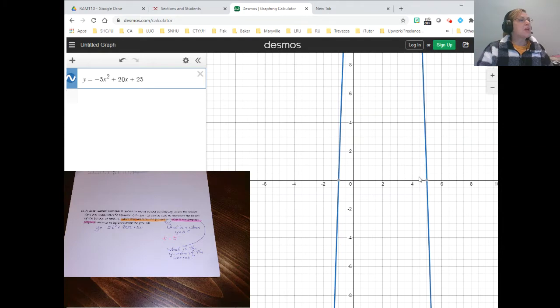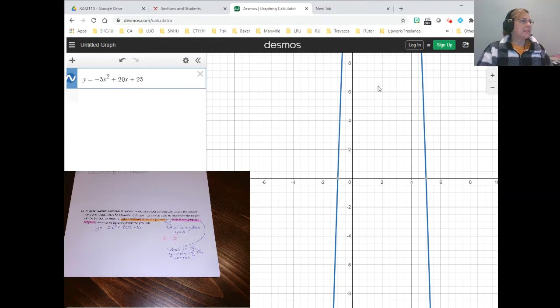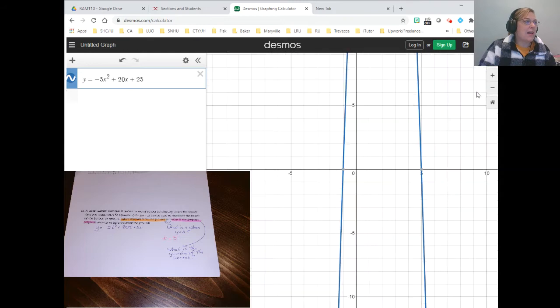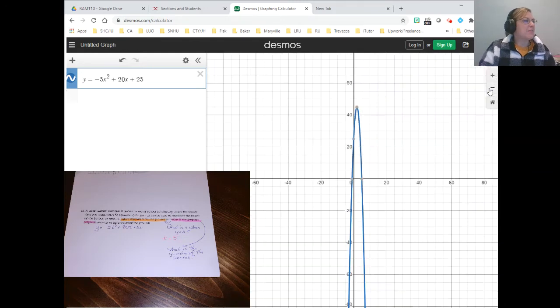Now, the next question asks us what is the y value of the vertex? Well, my vertex is up here. Now, if you have one of those scrolling mice, you know what I'm talking about, you can just use your scroll down. If you don't have that, just use your minus here to zoom out so that you can see the top of that vertex.